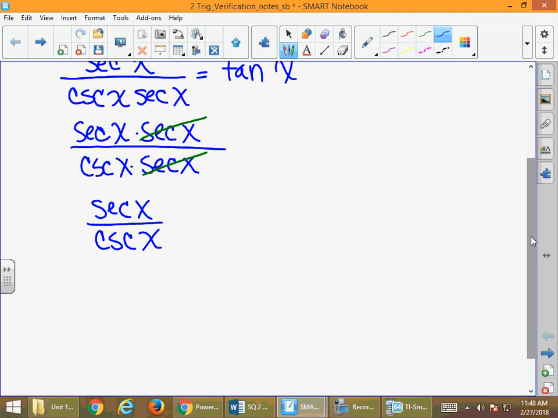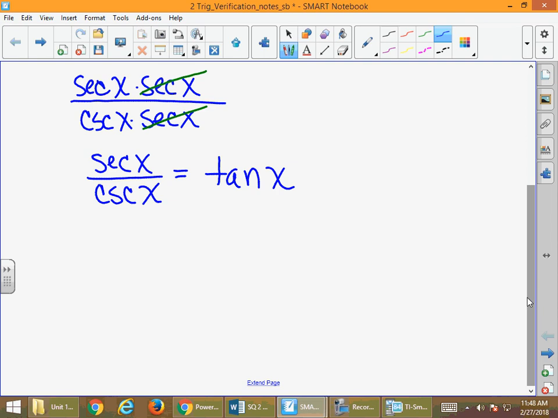One of our other tips for starting trig verifications is to try to rewrite everything in terms of sine and cosine. And again, we're still trying to turn the left side of the equation into the right side. Let's just convert.